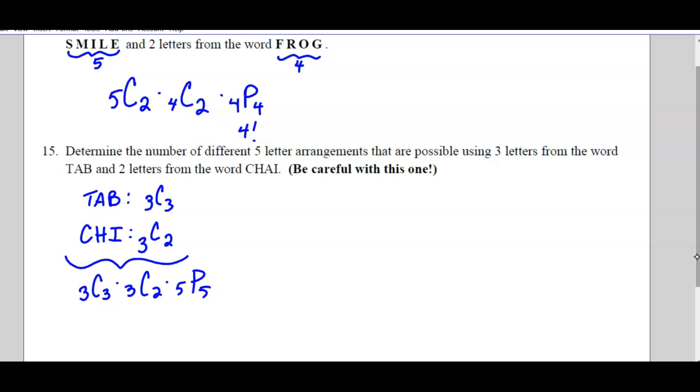And then the next case would be all 3 of those, and then we have to have an A and one other letter.